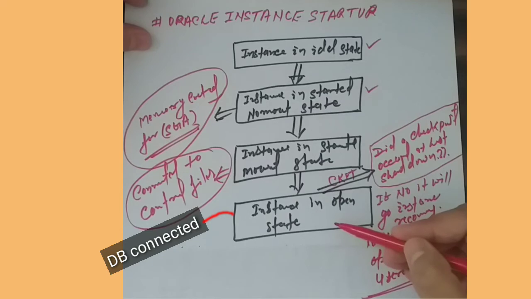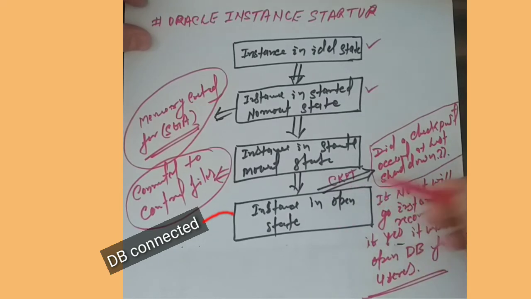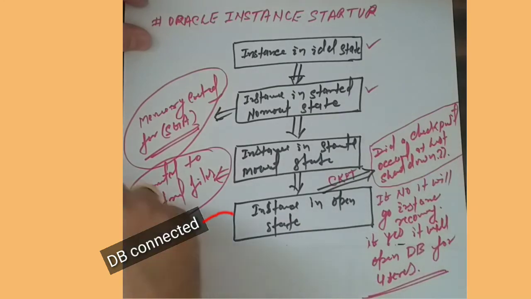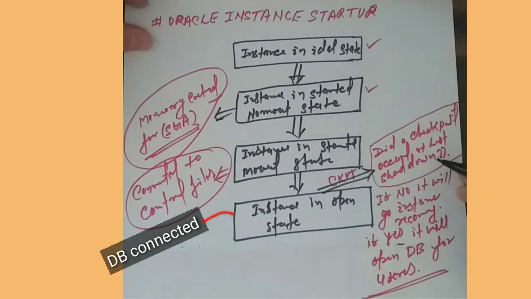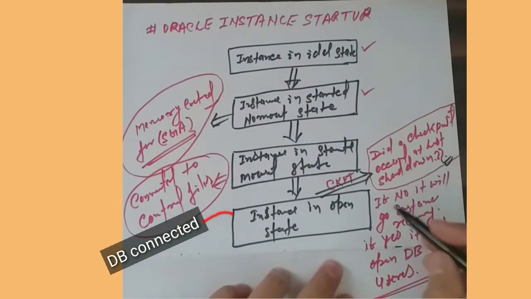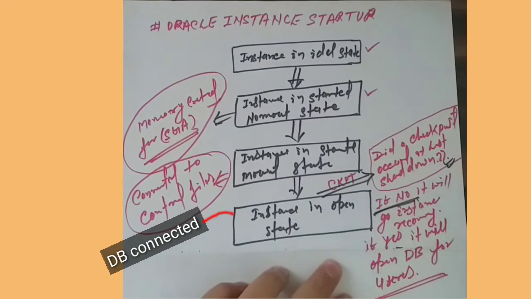So before coming to final, here it's going to ask, did a checkpoint occur at last shutdown? So if no, okay, it will go for instance recovery. Okay, database will be under recovery.